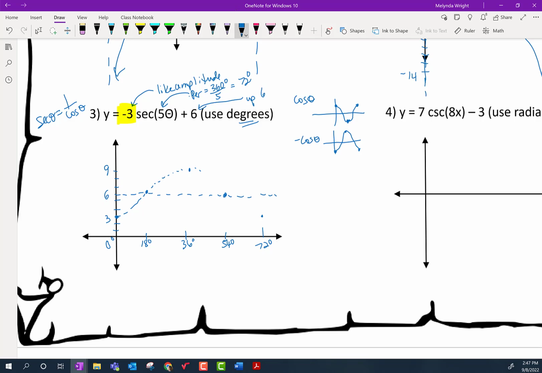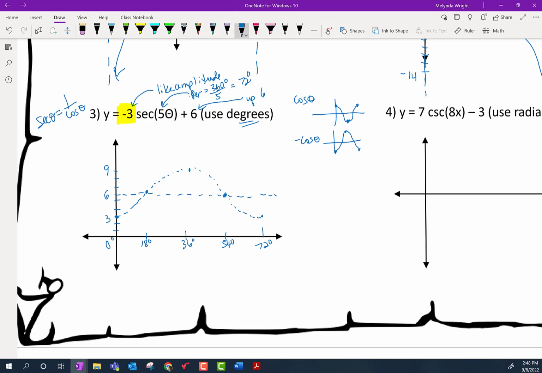Now some of my students before really get upset about the dotted lines and they want to erase them after we're done. And if you want to do that, go for it. Just erase them. I just leave them there. They're not really part of the graph, but they're not hurting anything.